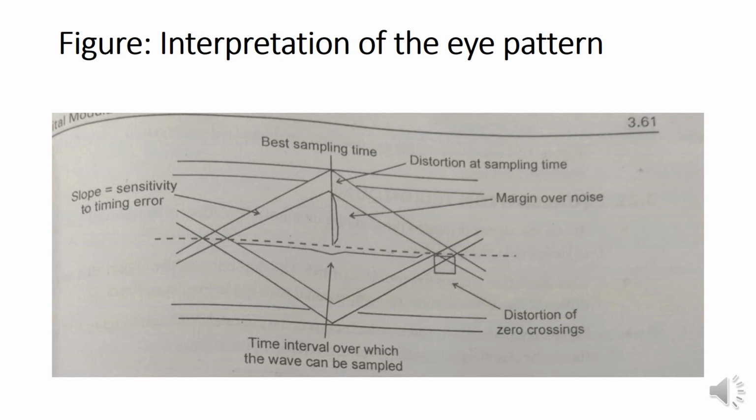The sensitivity of the height of the eye opening at a specified sampling time is usually called the margin over the noise. As the effect of inter-symbol interference increases, the eye opening reduces. If the eye is closed completely, then it is not possible to avoid errors in the output.